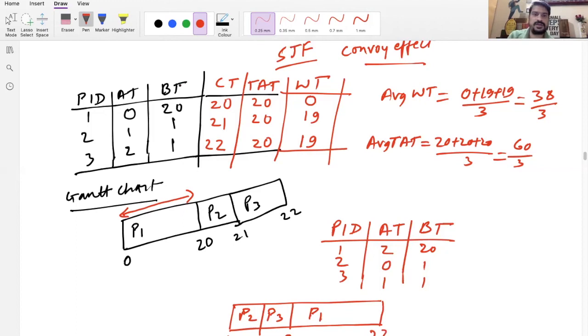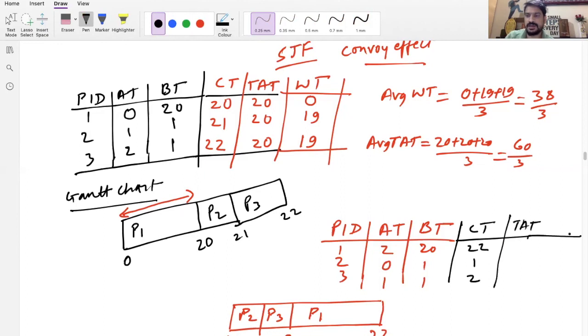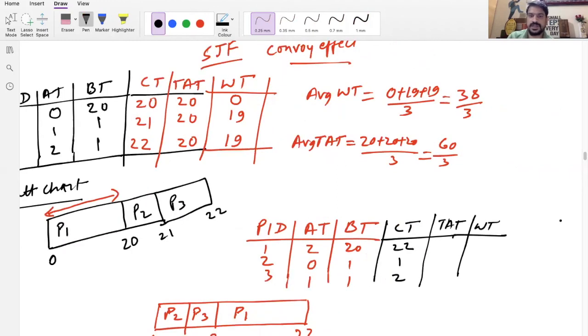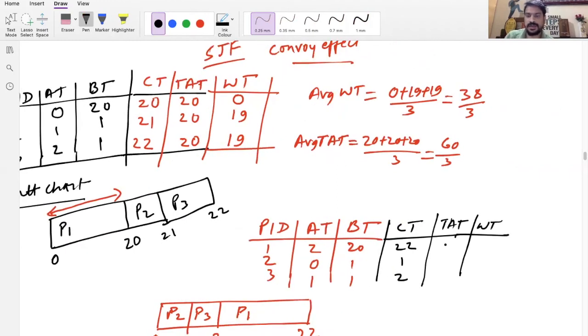Now let's calculate the different times in this example. What is the completion time? Here it is 22, here it is 1, and here it is 2. That is the completion time. Let's go to the turnaround time and waiting time. The turnaround time is completion time minus arrival time, which is 20, then 1, then 1. Now the waiting time is turnaround time minus burst time, which is 0, also 0, and also 0.